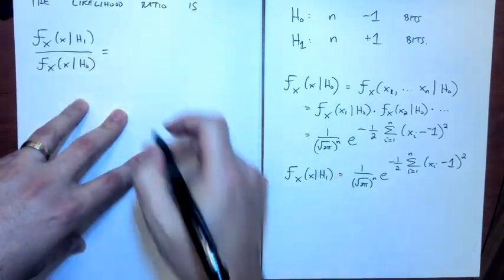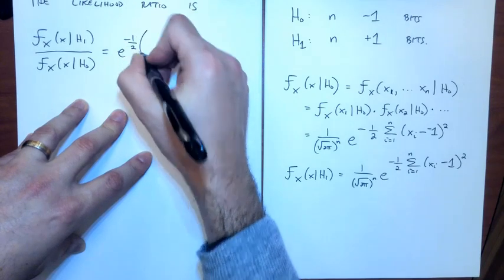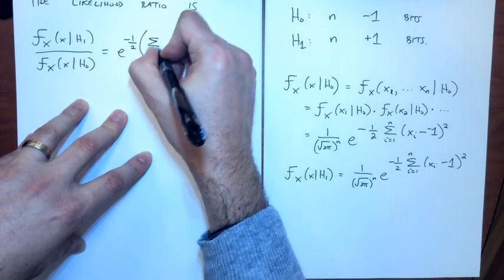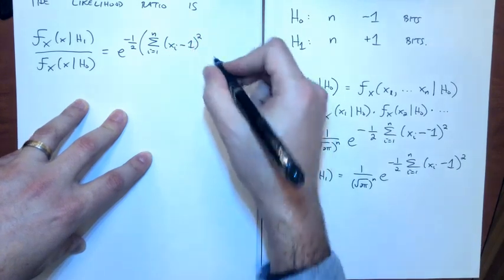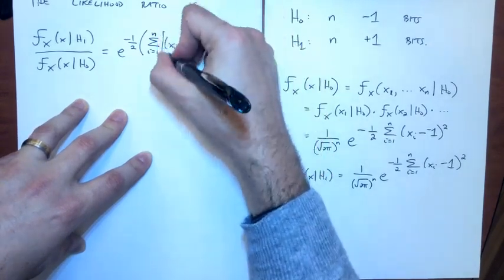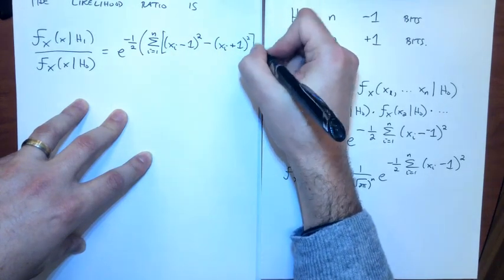And so the 1 over square root 2 pi's drop out. And what I get is in the top, I have xi minus 1 squared. And then I have a whole bunch of xi plus 1 squareds.